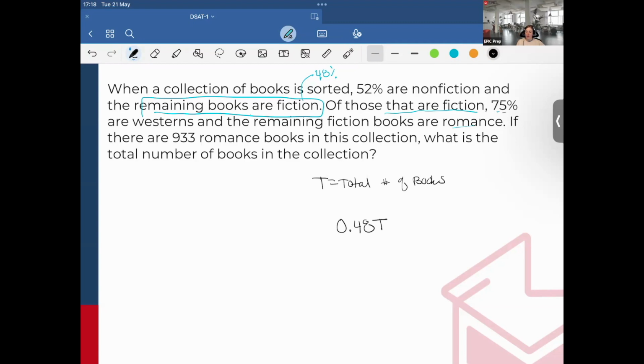75% are Westerns and the remaining books are romance. If there are 933 romance books in this collection, I have to see that if 75% are Westerns, that means that 25% of these would be romance, right?